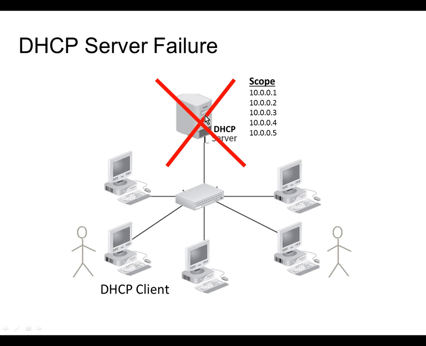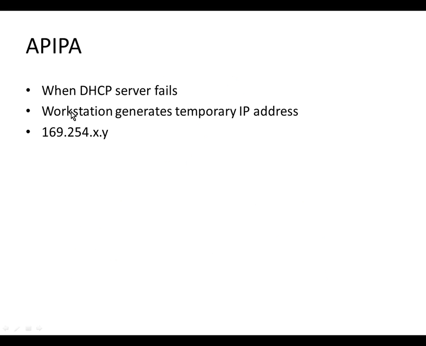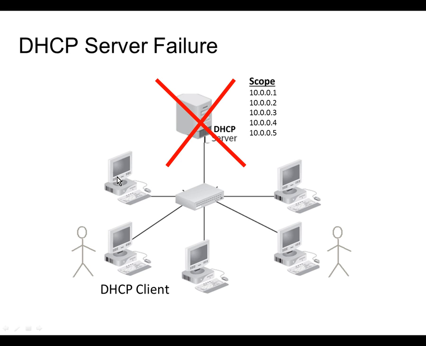If the DHCP server goes down, the workstation generates a temporary IP address of the format 169.254.x.y, whereby x and y are randomly generated numbers, and the workstation uses that IP address to communicate with other computers. When it has an IP address which is automatically generated, it cannot connect to the internet.